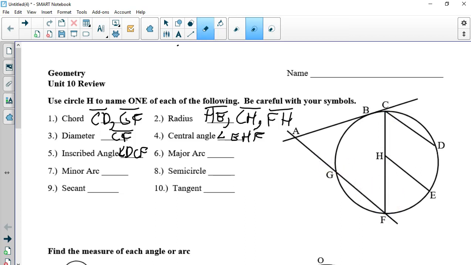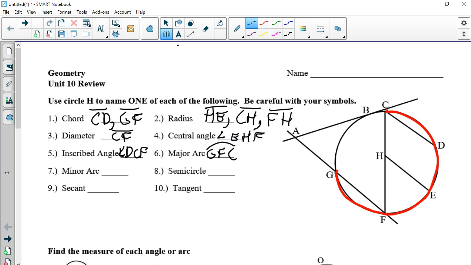All right, a major arc. Now, I'm not going to write all these, but basically pick a point wherever you want. Start here at G, and just make sure you go more than halfway around the circle. So you'd have to go all the way up to C, or B, whatever. And just pick any three of those letters. Doesn't matter, as long as you have the endpoints, G and C on the end. But you can put F, E, or D in the middle. So this could be called GFC.